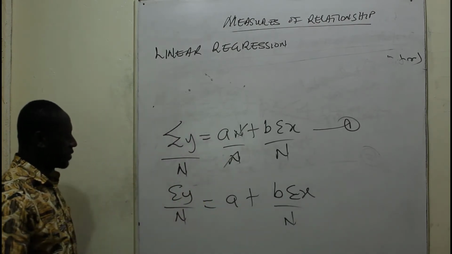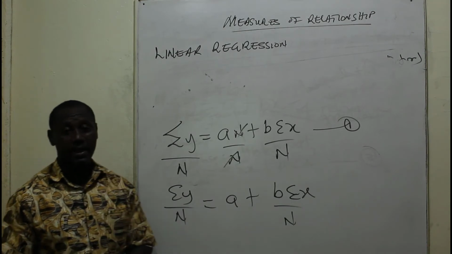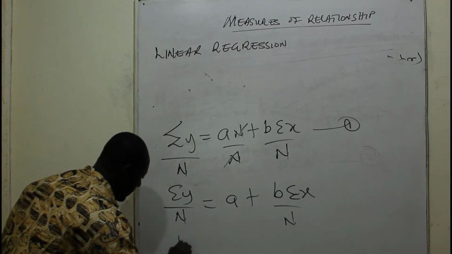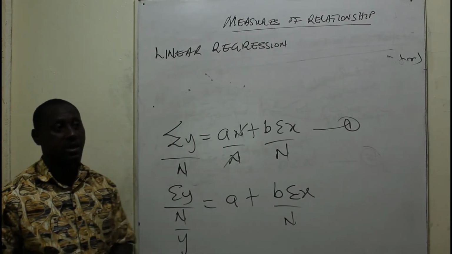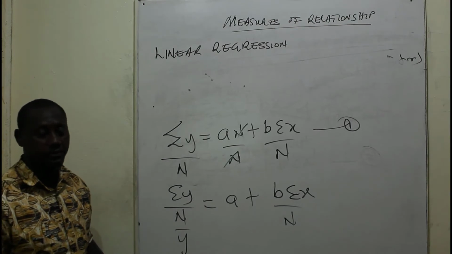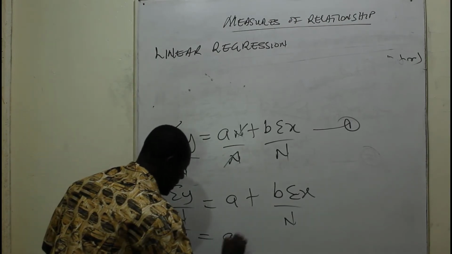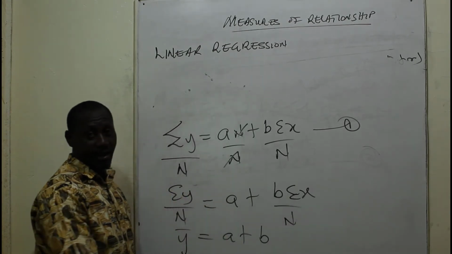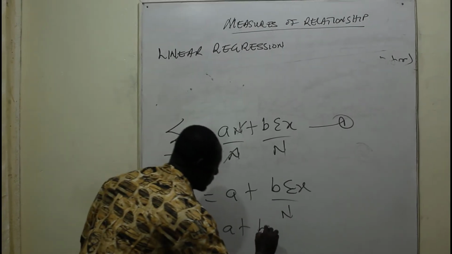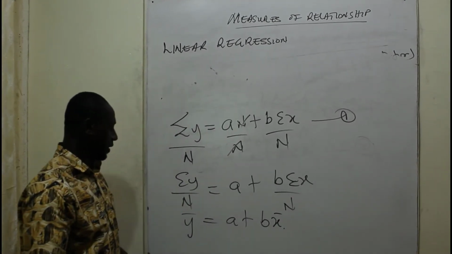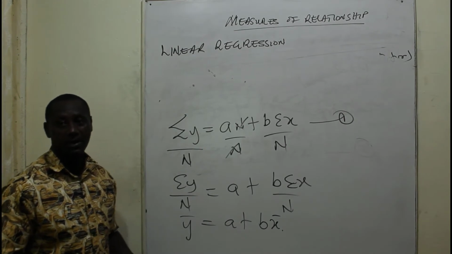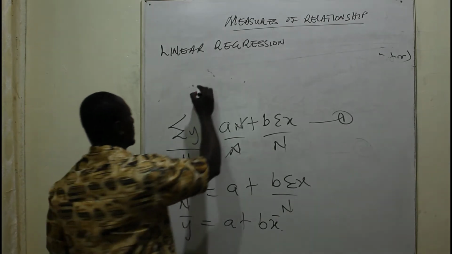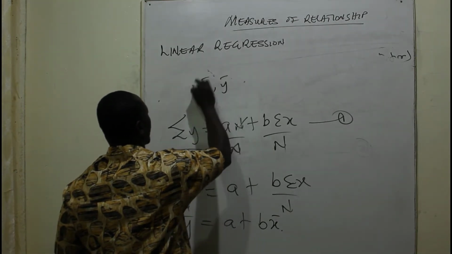Summation of y divided by the number of observations gives the mean of y, y bar. Summation of x over n is also the mean of x. So the mean of y is a plus b times the mean of x, and this equation is satisfied by the coordinates x bar, y bar.